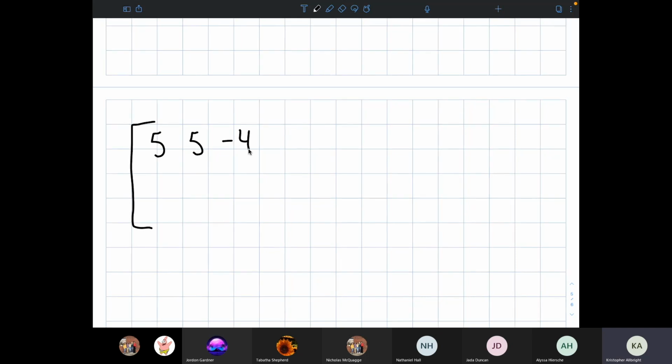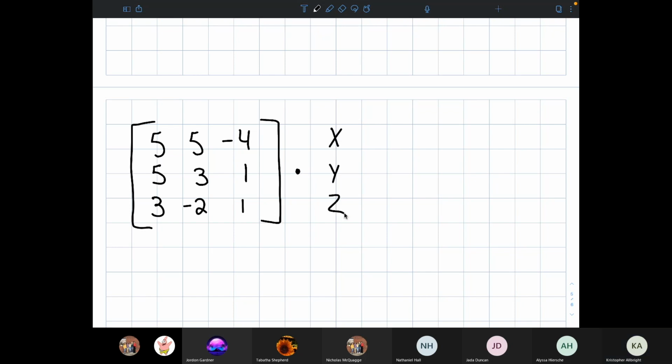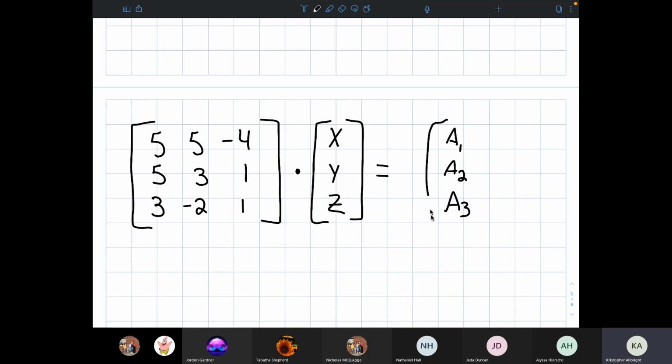Solve the system. 5, 3, 1, 3, -2, 1. So it's that times your variable matrix equals your answer matrix. So I'm just gonna put answer 1, answer 2, answer 3.